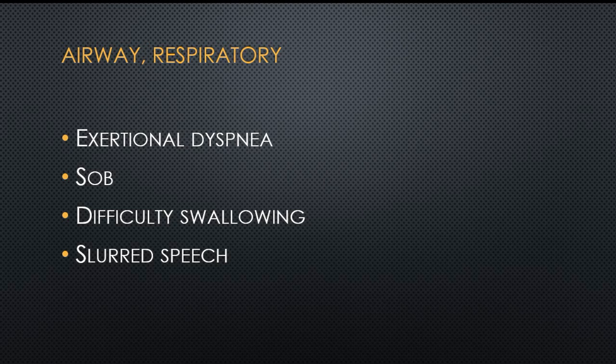Depending on which cranial nerves are affected, you may have difficulty swallowing and slurred speech. And this can be easily mistaken maybe for a stroke, and that should always be one of your rule-outs. But again, this will be accompanied by these weird lower extremity presentations that you wouldn't normally see with strokes.